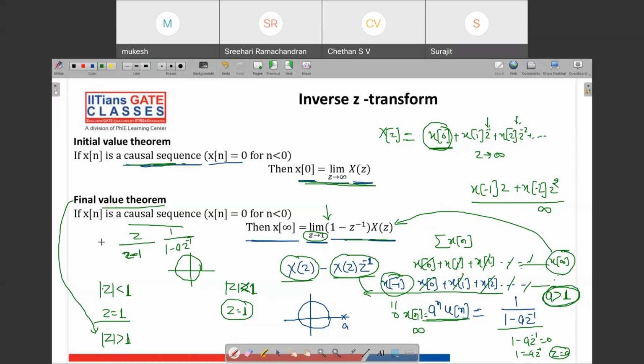Z upon z minus 1. In some cases you will not be able to find this infinity once you apply the final value theorem, and that's why we don't use this for the case where you have pole outside the z equal to 1 circle.